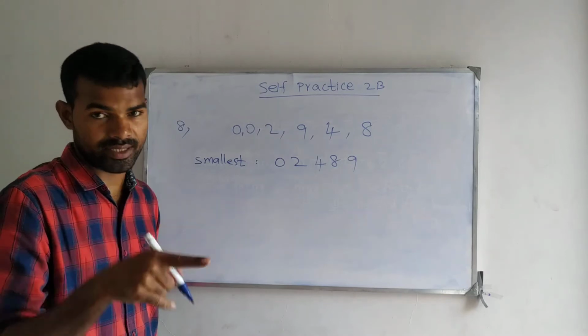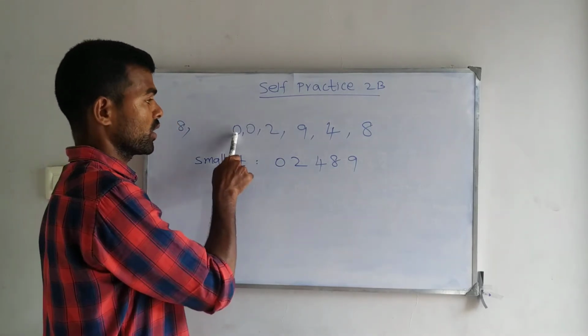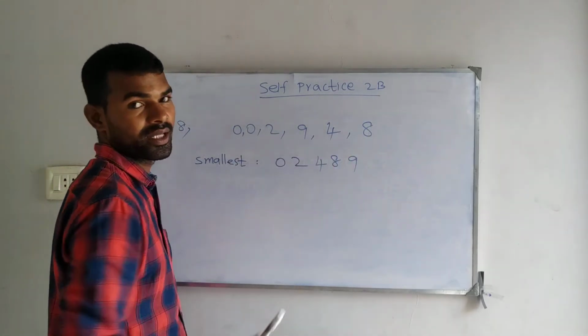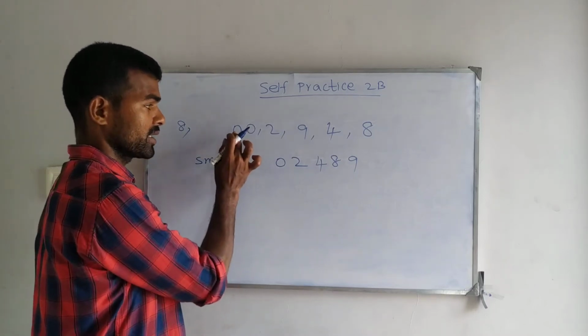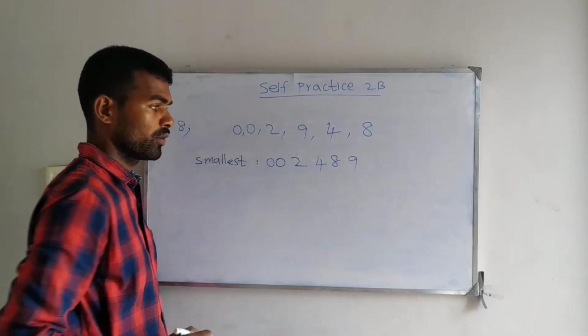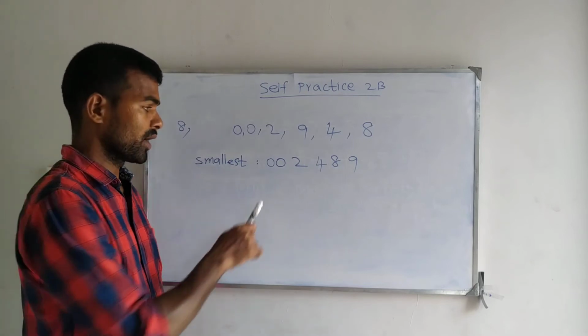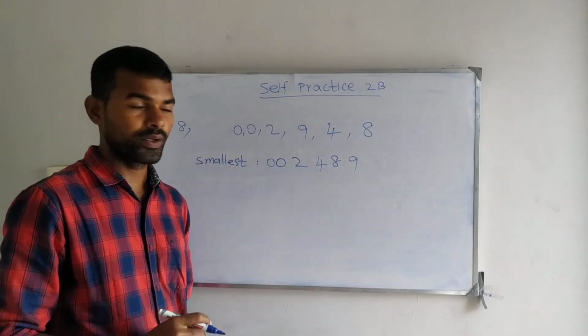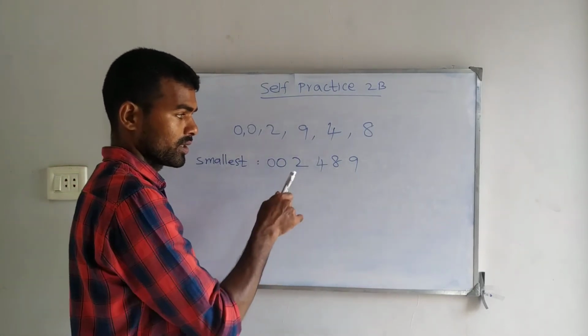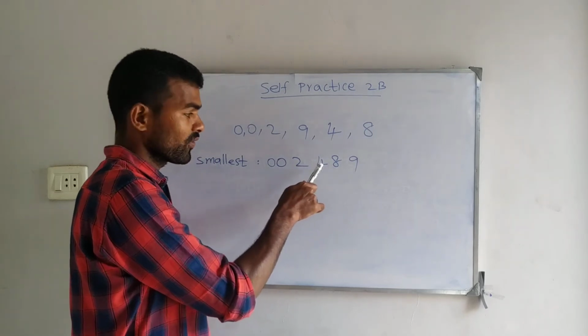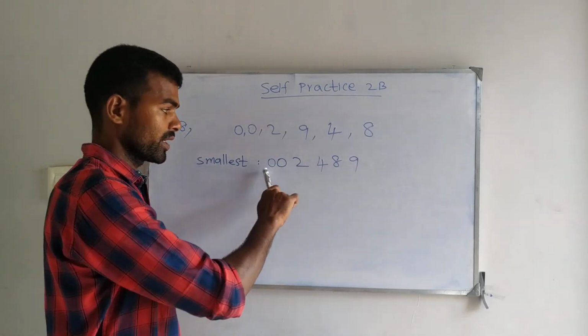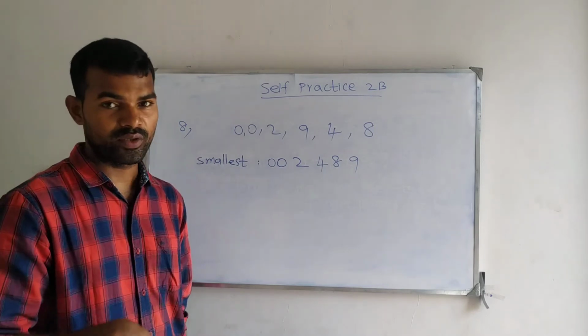We have to form a 6-digit number. Now see, 1, 2, 3, 4, 5, 6. Just write this 0 also. Now we have 6 digits. How will you read this? 2,489. But you are not reading this 20. So what do we have to do?